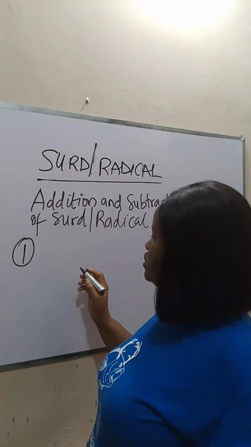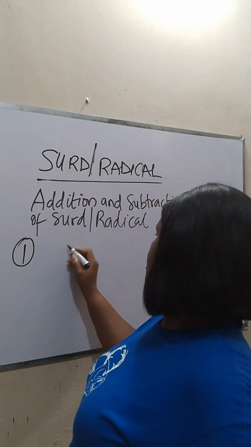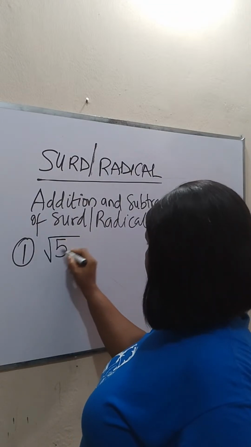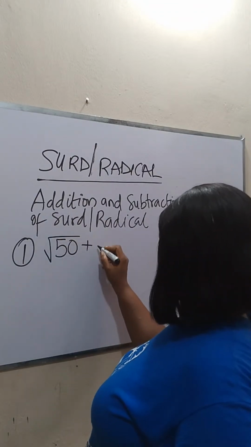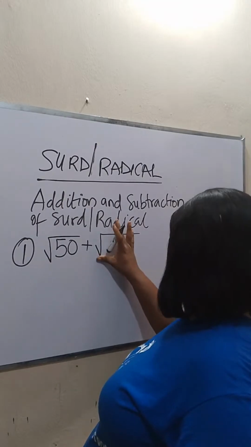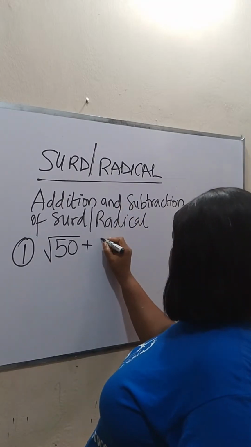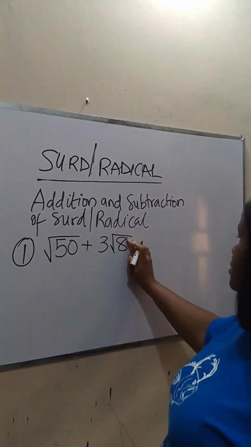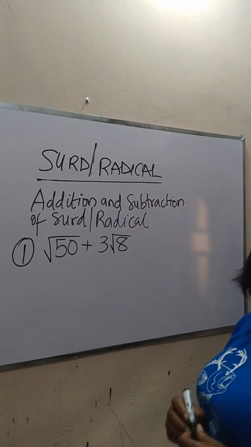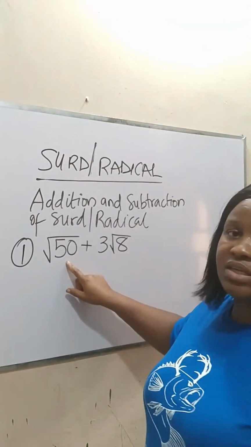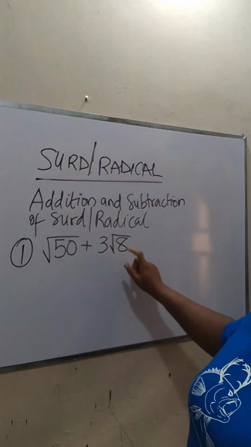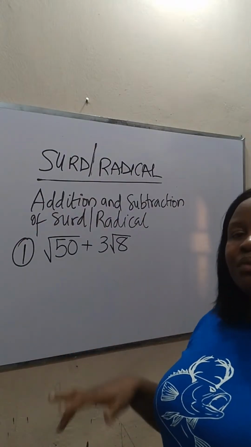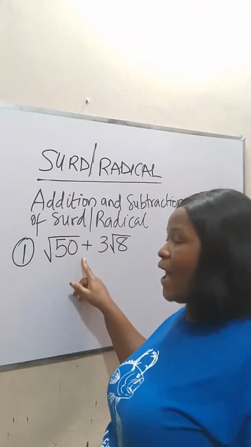Let's say, for instance, you're given sword 50 plus 3 sword 8. You see that this one is not in its simplest form, neither is this in its simplest form.